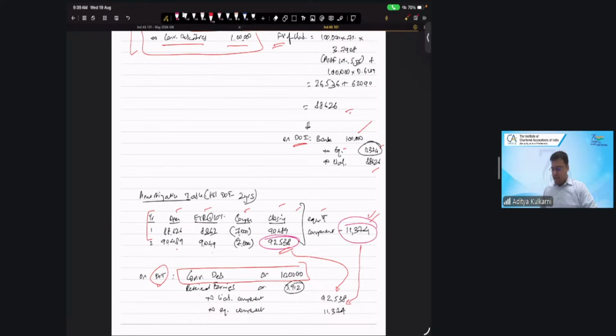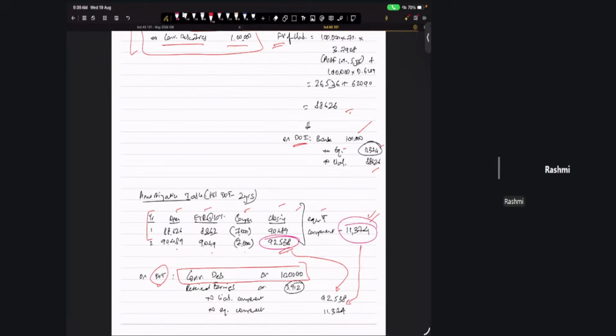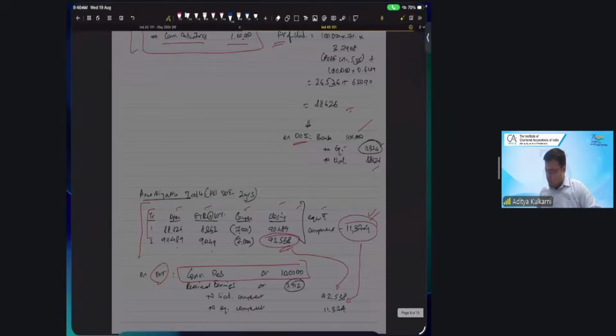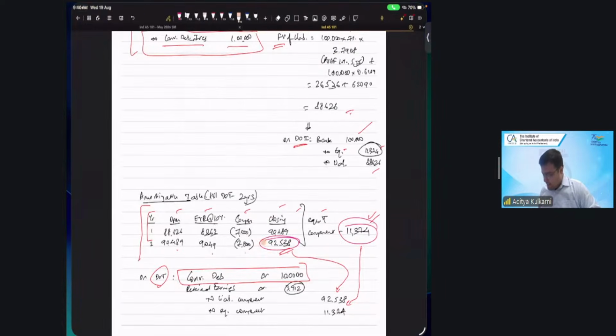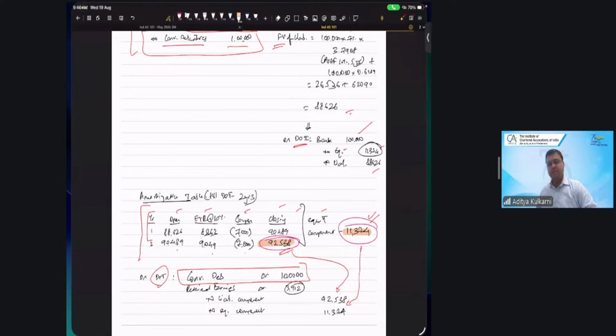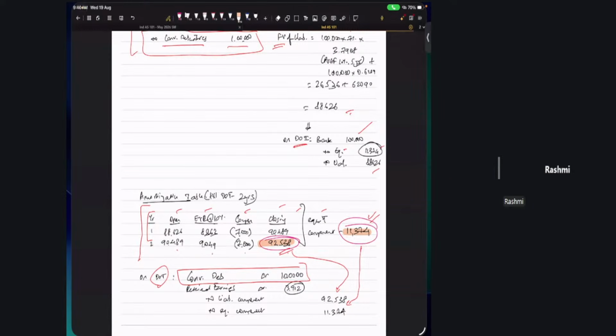Then 90,489 opening, EIR 9,049, coupon 7,000, closing 92,538. That means on the date of transition, your instrument should have a liability value of 92,538, and equity value of 11,374.